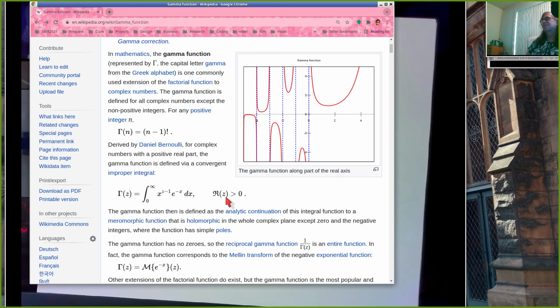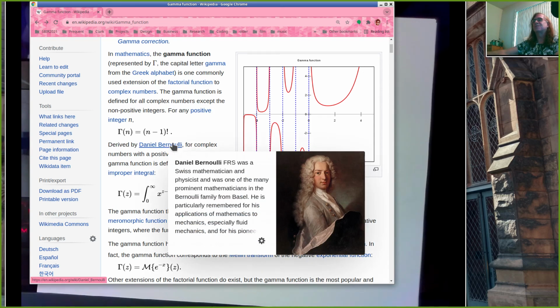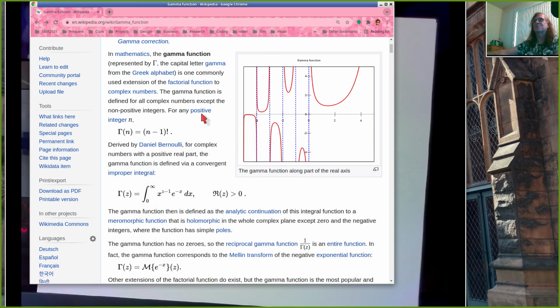If you have a function that's defined over some small set of things, sometimes you can find a nice function defined over a bigger set that matches up on that smaller set. And if it satisfies certain properties, we can call that the analytic continuation, and we can talk about uniqueness of that function. And so from this gamma function, we can conclude that 0 factorial is equal to 1.